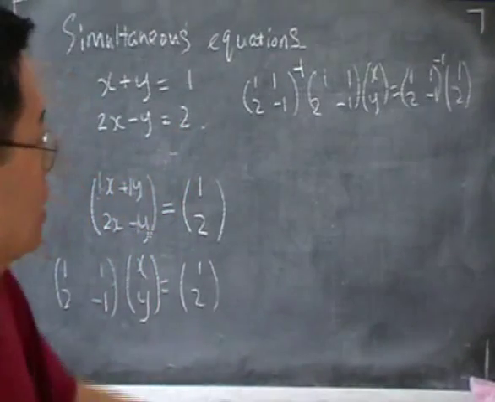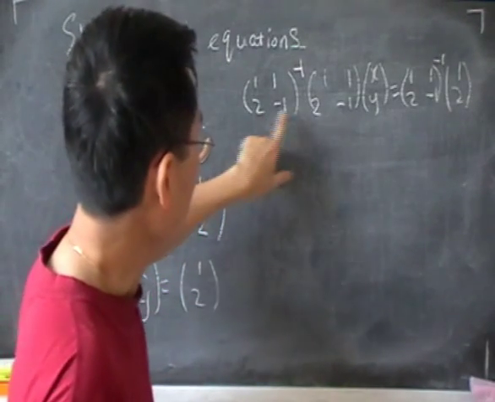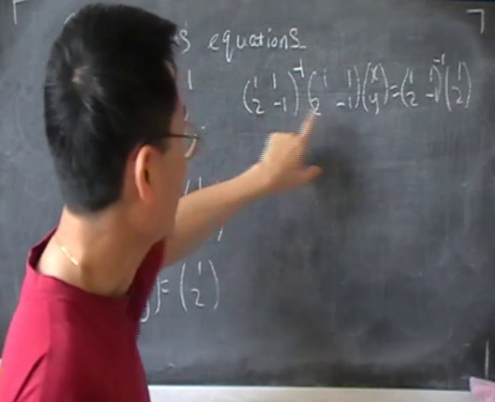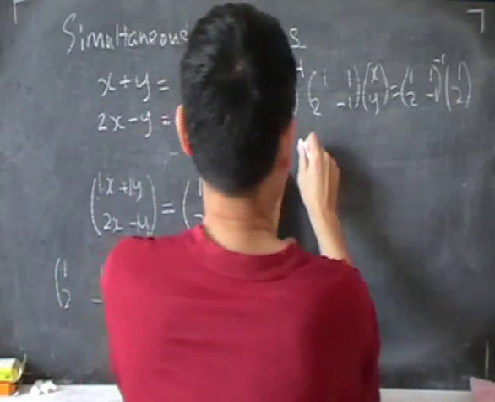Because if I can do that, then this inverse times this matrix will give me the identity matrix.